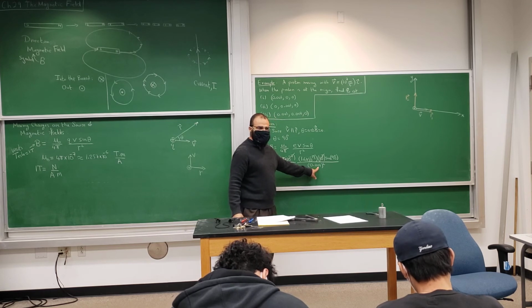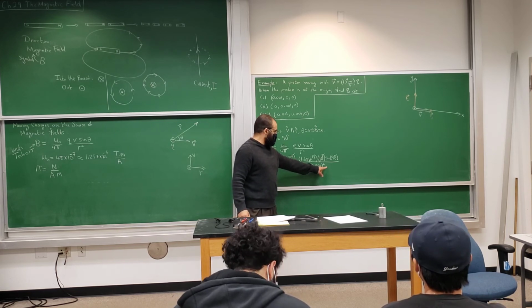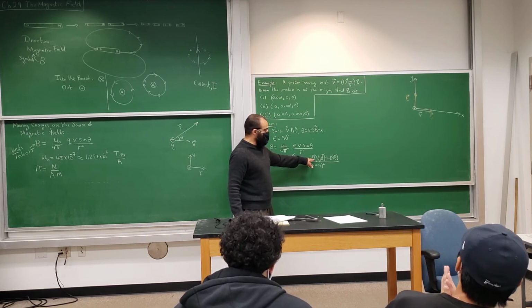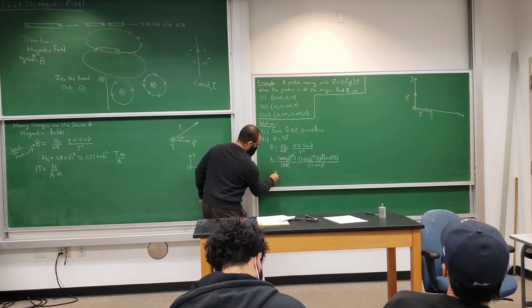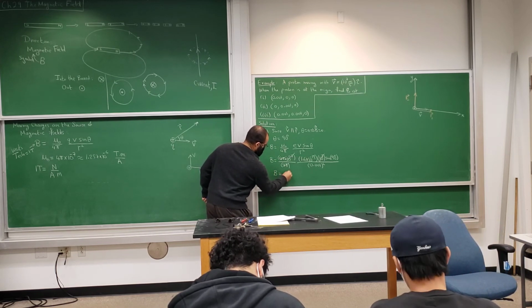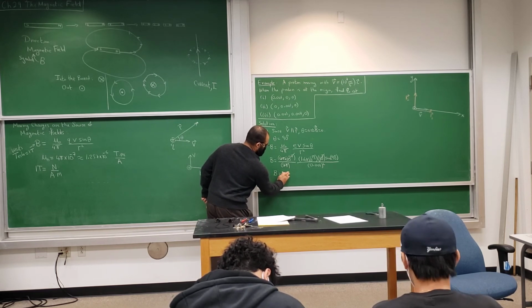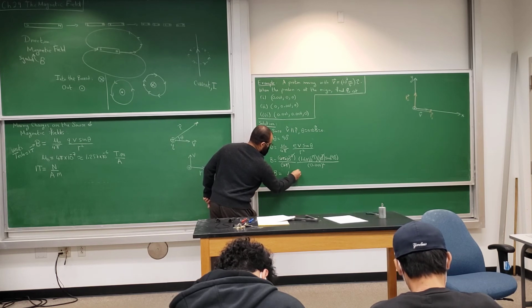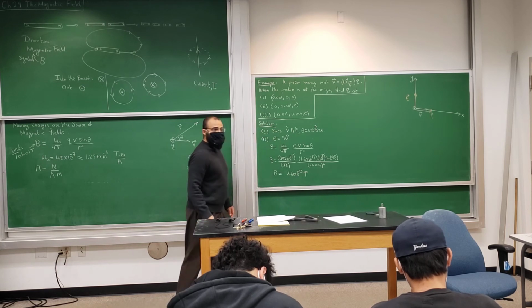This 0.001 is 10 to the minus 3, and when you square it, you get 10 to the minus 6, and then 1 over that is 10 to the 6, so this becomes 10 to the minus 13. So the answer B would be 1.6 times 10 to the minus 13. That's the vector.